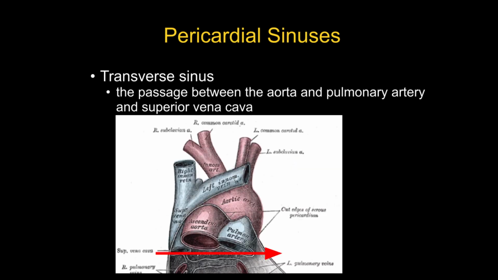The transverse sinus is just that space in between the heart and where the great vessels, the aorta, the pulmonary artery and the superior vena cava, are exiting the pericardial sac. You can actually insert your finger here in what we call the transverse sinus. Sinus just stands for a space.